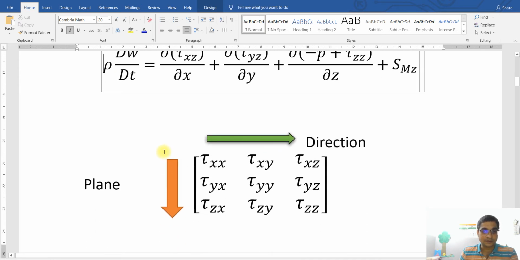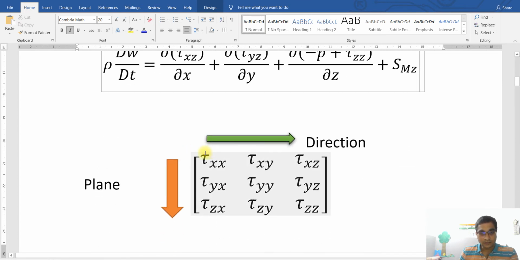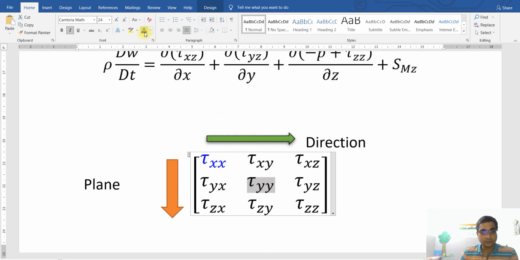So let us see how many stresses are acting on the fluid. The fluid particles have a total of 9 components of stress. These are actually normal stresses, in blue here. In this way, this is the direction and this is the plane. So tau xx means tau is acting in x plane in x direction.